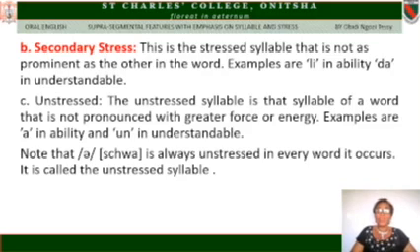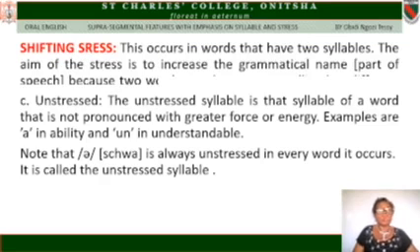Remember, this is somebody's language, so there is no mathematics there. You have to imitate the native speakers. Note that the schwa is called schwa. Schwa sound is always unstressed in every word it occurs. It is called the unstressed syllable. We have shifting stress.